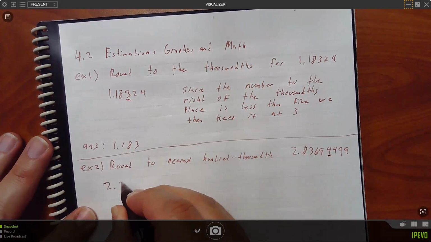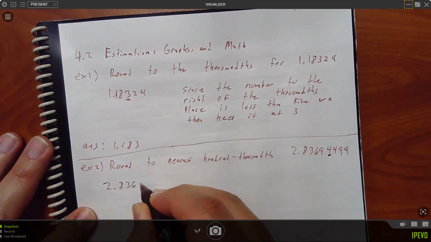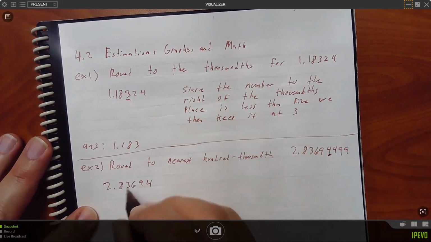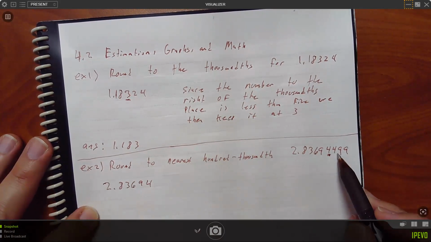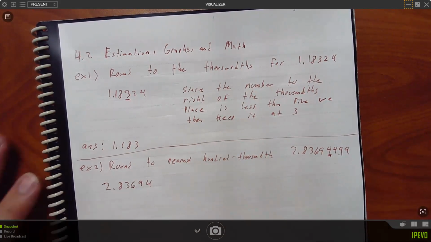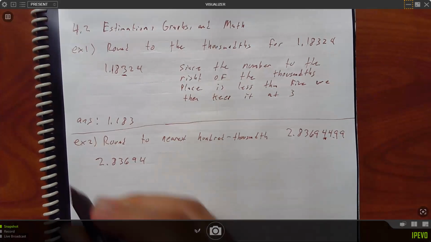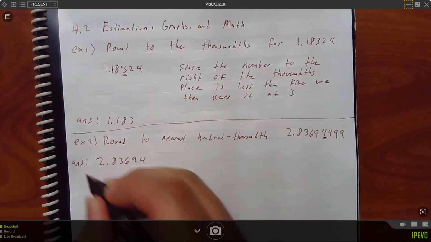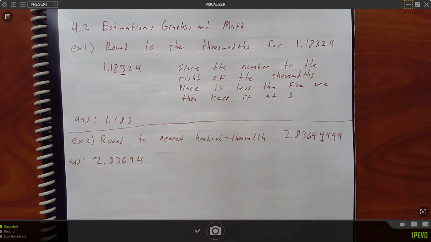Must have counted wrong. 3, 6, 9, 4. So it looks to the right. It's less than 5. So I'd round here. Cut it off. Okay.